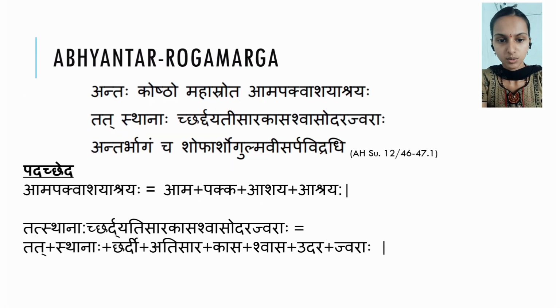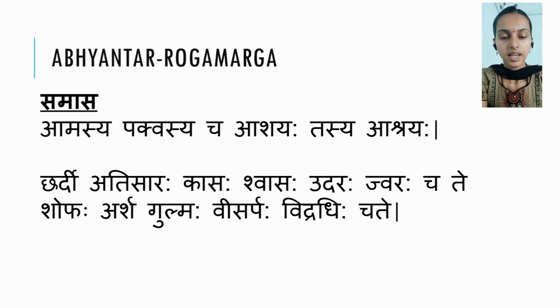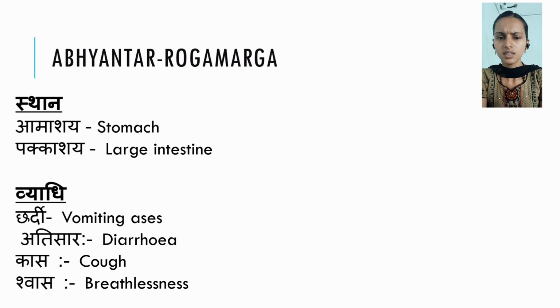Coming to the Abhyantar Roga Marga: Anta Koshta Mahasrota Ama Pakvashaya Ashraya Tat Sthanaha. These are the sthana of Abhyantara Koshta. Again we have the grammar part, and here we have the sthana Amashaya and Pakvashaya. So these are the internal Roga Marga, the places which are present inside the body.